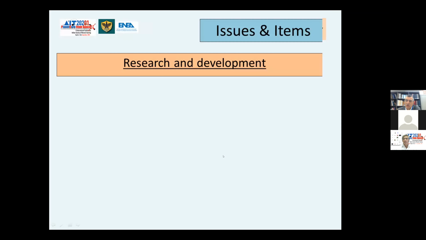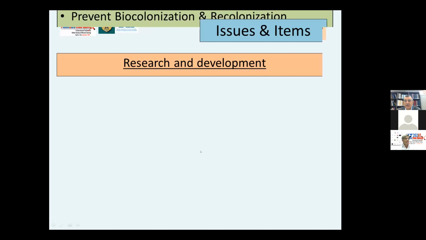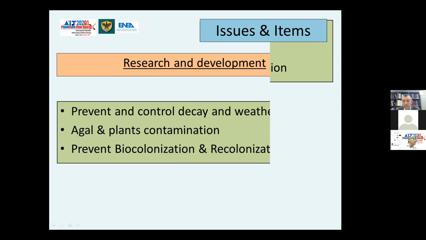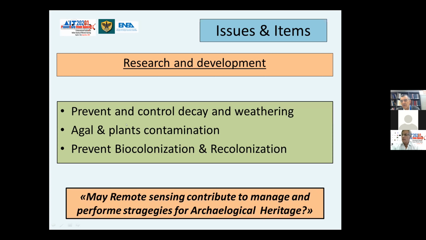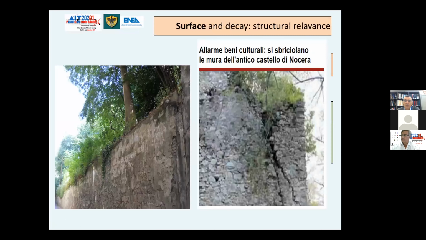Issues related to remote sensing should involve mainly research and development, and in particular preventing and controlling decay and weathering, and all concerns about biocolonization and recolonization. These are strong issues in which research, development, and practice work in this area. Of course, algae on the surface and plants causing destruction are very important and relevant. So the question of how and whether remote sensing may contribute is still current and important.